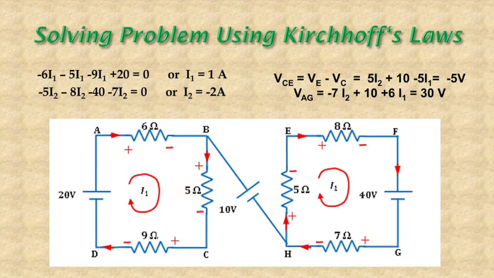Consider an arbitrary current flow direction through loop 1: A, B, C, D, A. And loop 2 is E, F, G, H, E. For loop 1, the current is I1 and for loop 2, the current is I2.